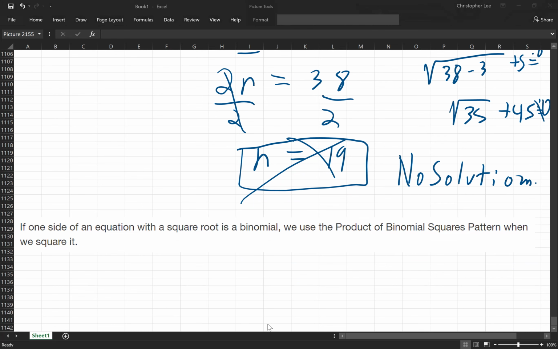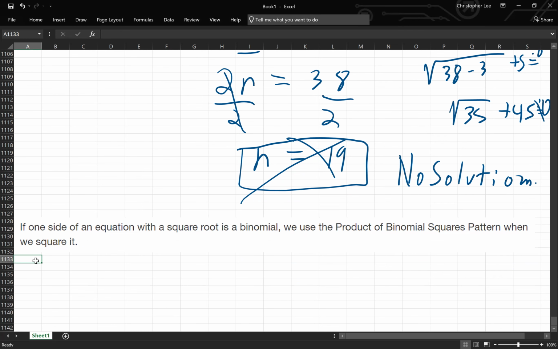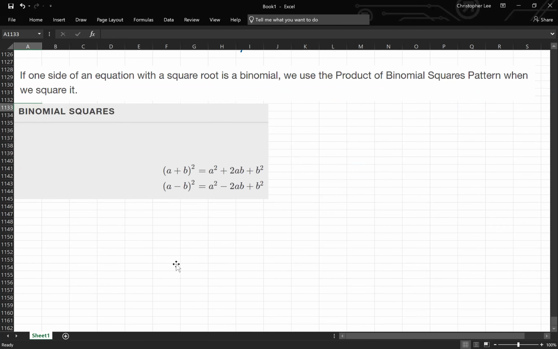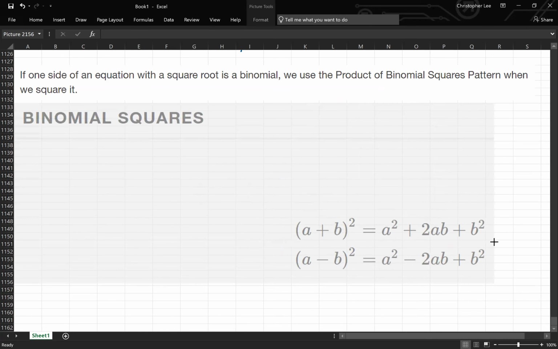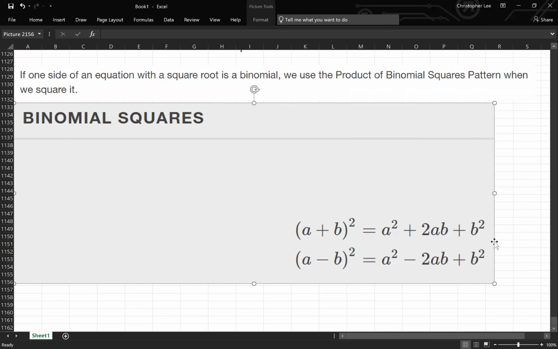So I just want to refresh your memories real quick, what I'm talking about there. So for binomial squares, if I have a plus b squared, it's going to become a squared plus 2ab plus b squared. If I have a minus b squared, this is going to become a squared minus 2ab plus b squared.